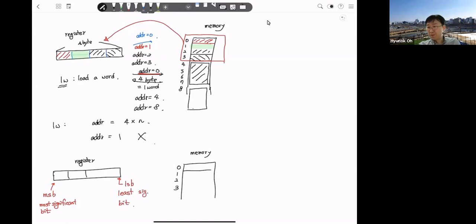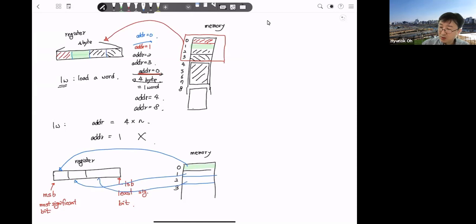So if the 0 location is moving to the highest position, 1 is moving to the next location, 2 is moving to the next one, and 3 is moving to the last one. So 0, 1, 2, 3. The bytes are located like this. This is called big endian. It's just like an array move.